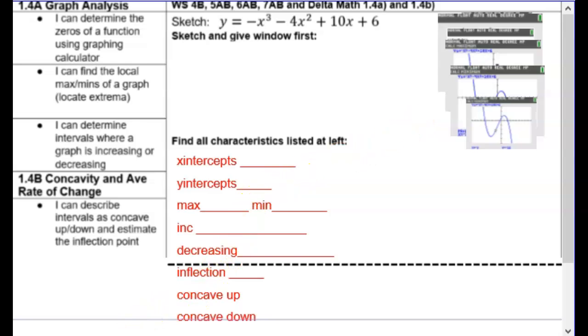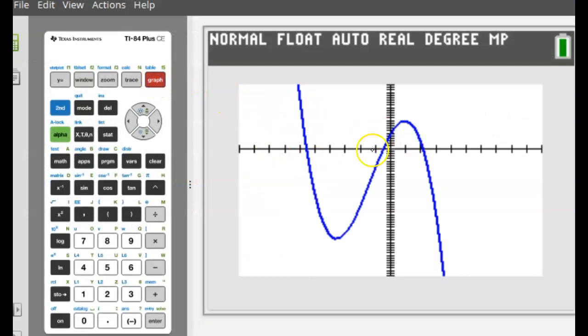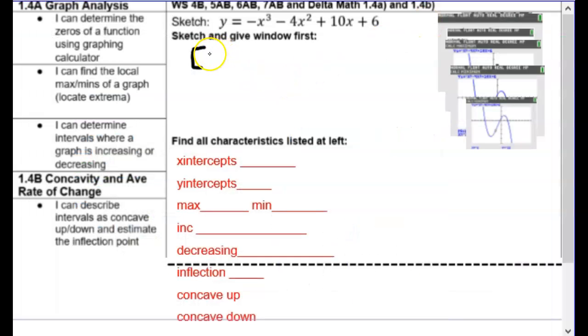So what I do is I figure out the smallest window you could have, okay? You definitely could have gone smaller on the X's, but I think most of you probably wouldn't have bothered, right? So -10 to 10 is fine.